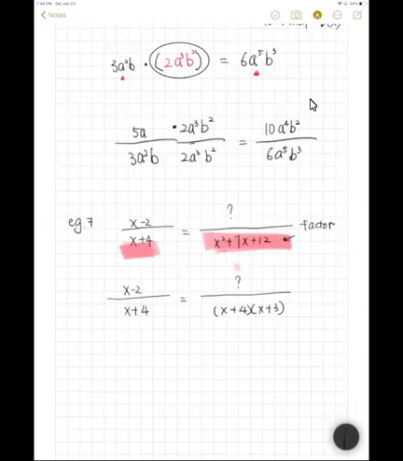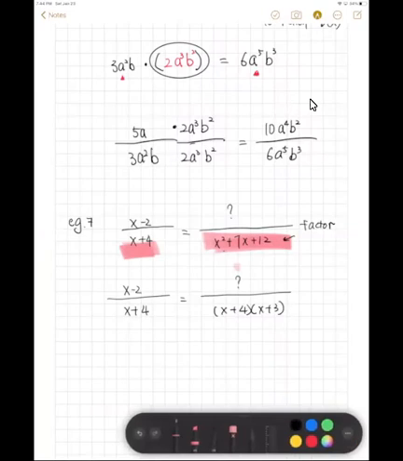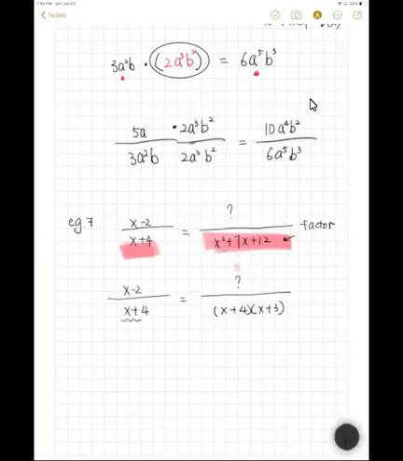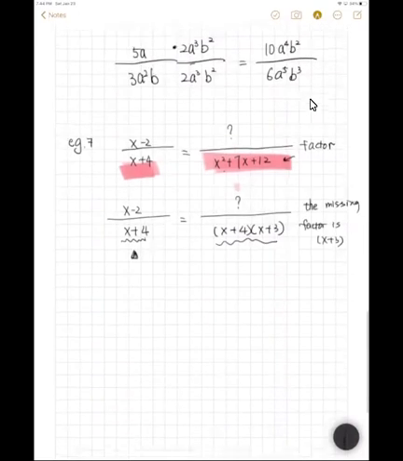Okay, and then what is the missing factor here? So this is x plus 4, this is x plus 4 times x plus 3. So the missing factor is x plus 3. So that means we want to multiply x plus 3 on the top and the bottom for the first rational expression.